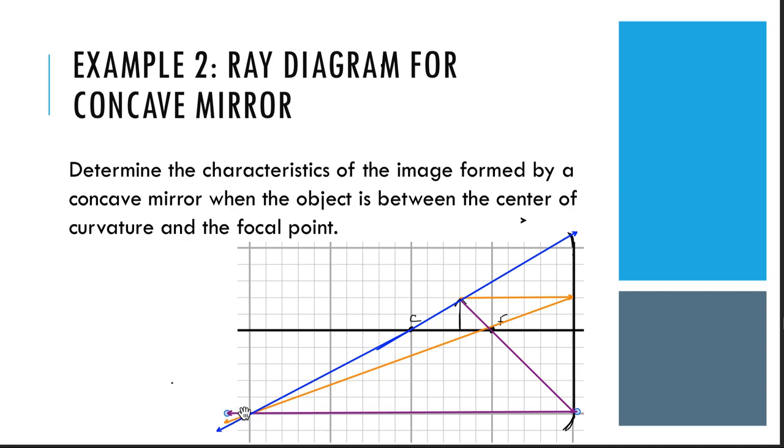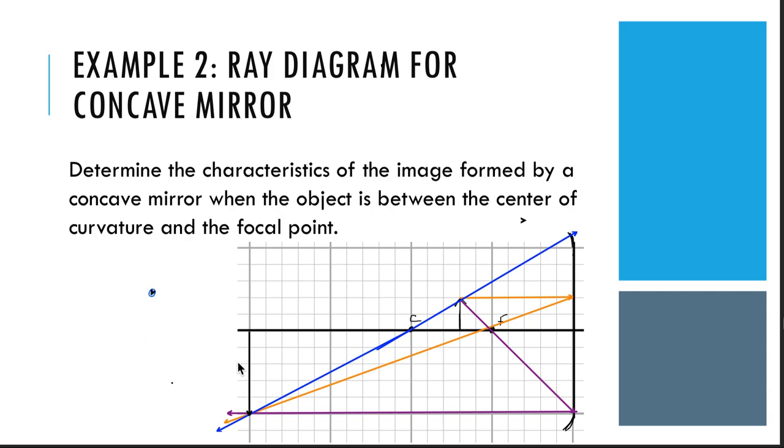So you see the three rays are all intersecting at this point right here. So the last thing that you do then is you draw your image. You always start it from the optical axis, and then you go wherever those points intersect. So they intersect right here. So that means that your image is pointing down here.